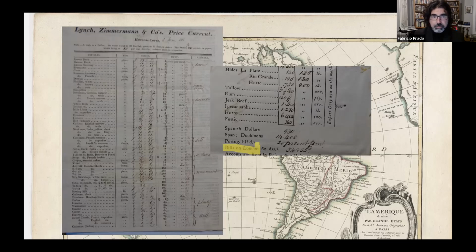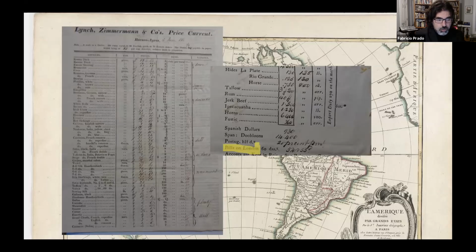And as you can see here, it became so common that these lists of prices current, instead of merchants and agents just sending notes on the prices there to inform North Americans, you see that they're already printing these forms. But even more important, it is becoming so integrated in this complicated economy that the trade is not just in goods.